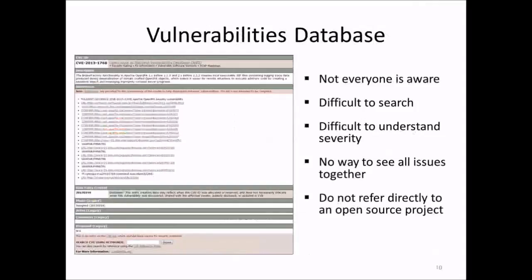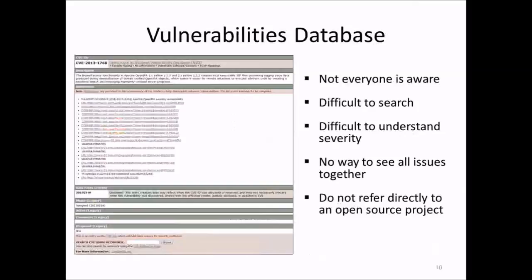So if the problem is well known and well documented, why is it not being treated? Here you can see what a vulnerability page on one of those public repositories looks like. And it's not very convenient. It's not easy to find or even to understand once you find it.